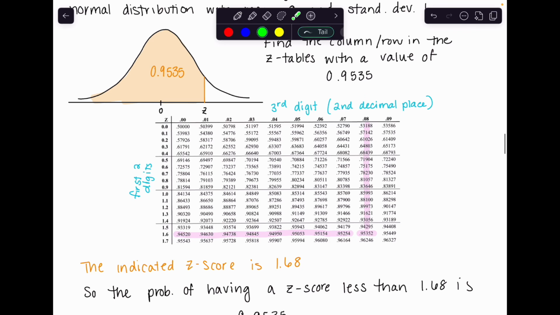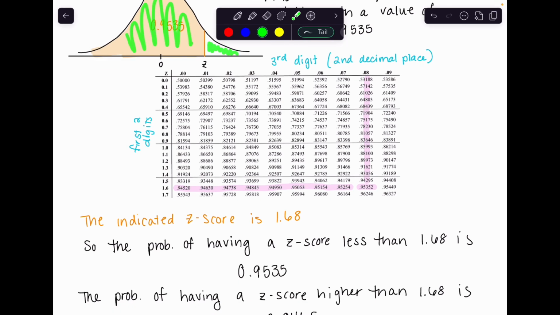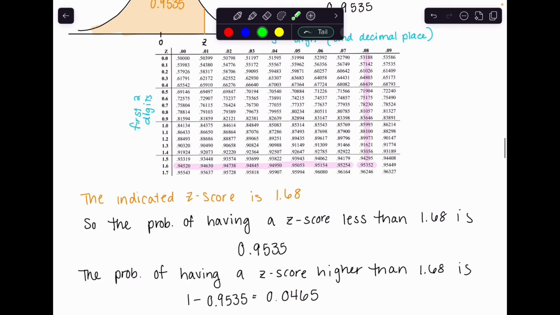So 95.35% of the area is to the left, and then 4.65% is to the right. So the Z table is always going to give you the area to the left of that figure.